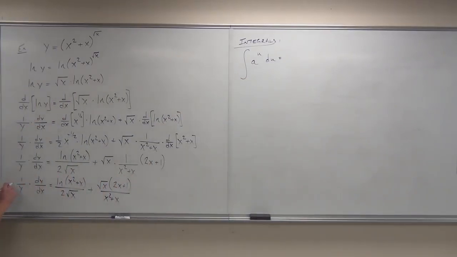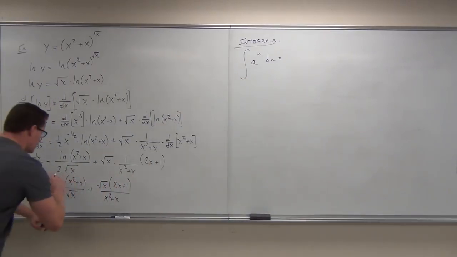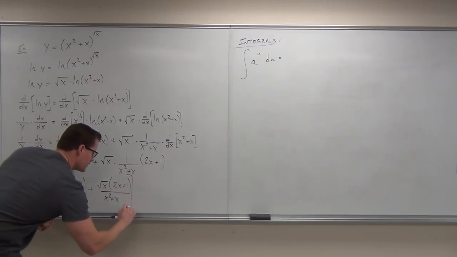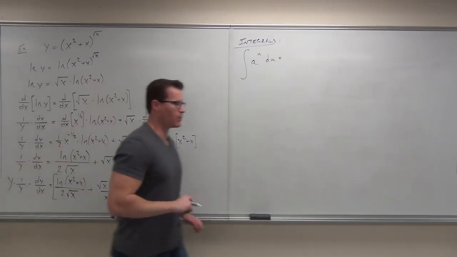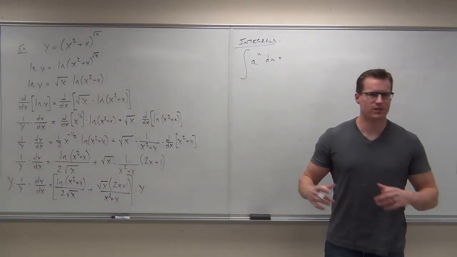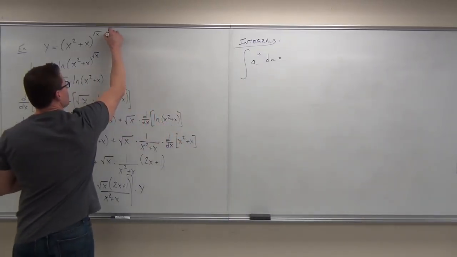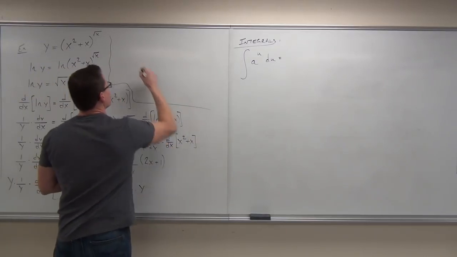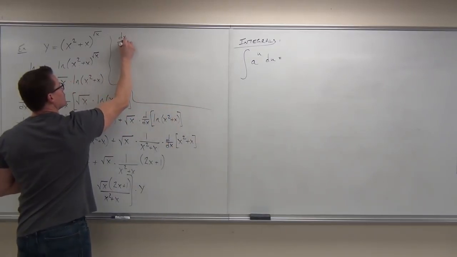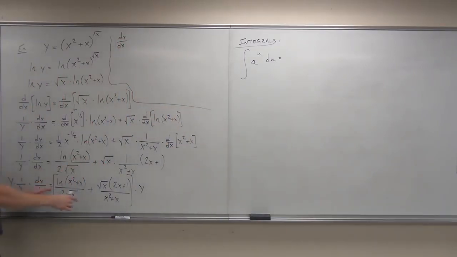So when we multiply by y, you're taking this entire side and multiplying by y. So multiply by y on both sides. We need to get our dy dx on the same side. I'm going to move up here. So none of this changes.